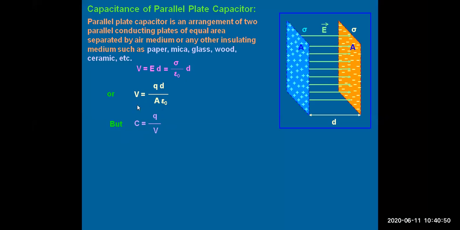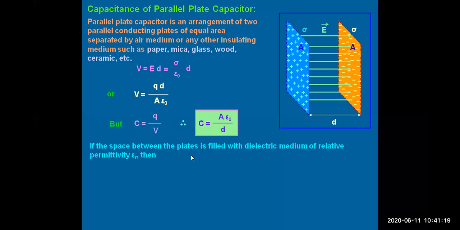But C equals Q by V. So C will be equal to A into epsilon naught divided by D. You will rearrange this term. For V, you will substitute it here. C equals Q divided by V. But what is V here? QD divided by A into epsilon naught. Q and Q will get cancelled. We will get C is equal to A into epsilon naught divided by D.